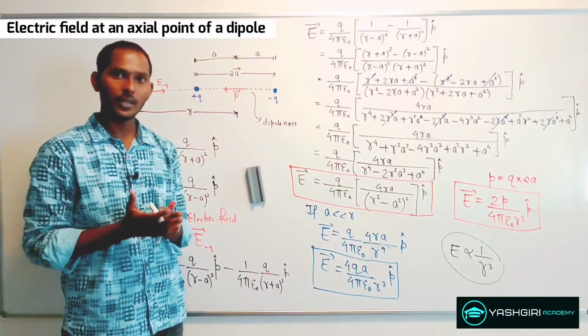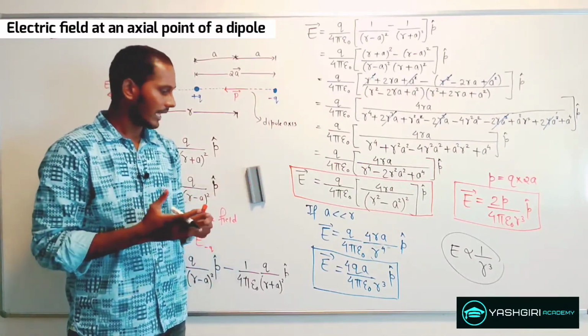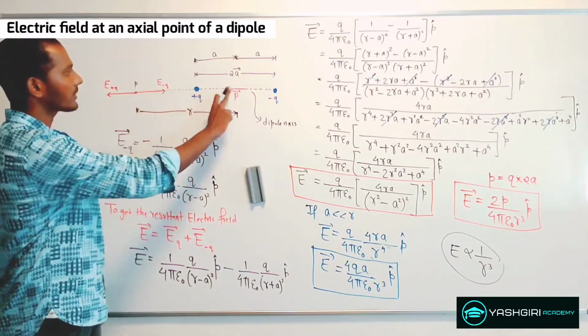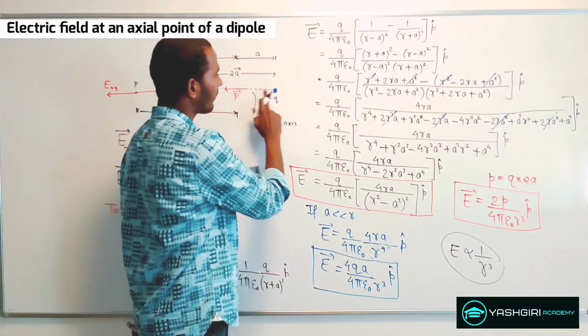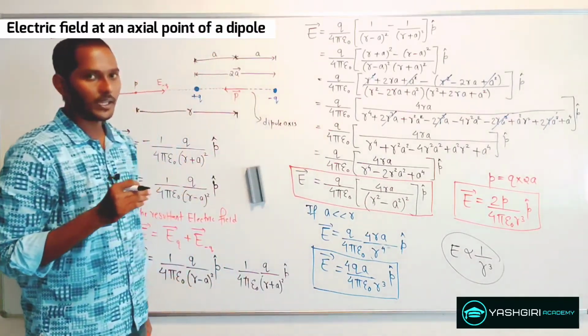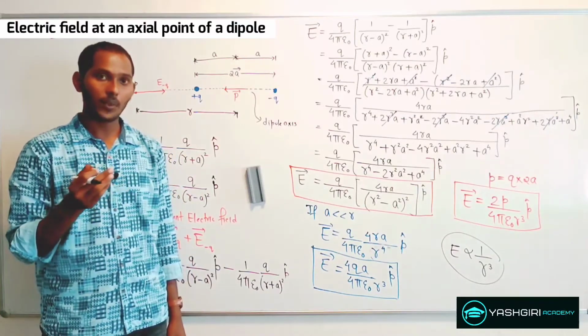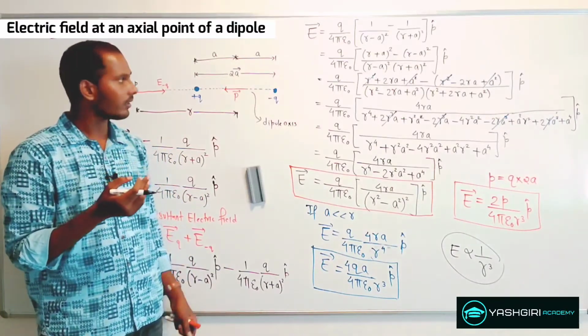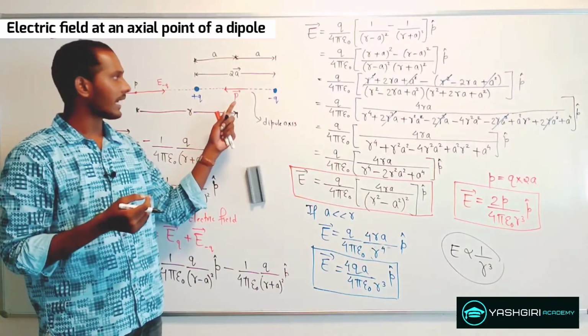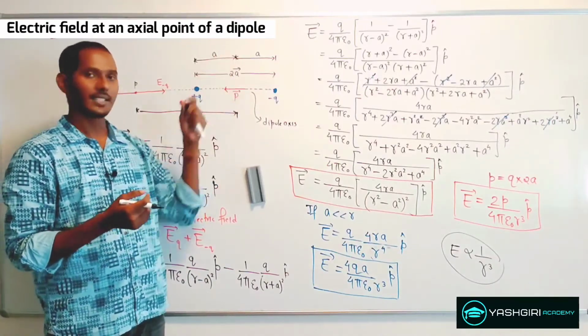Now we have calculated the electric field at any point on the dipole axis. Now let's calculate the electric field at a point on the equatorial plane of this dipole, exactly at the center.